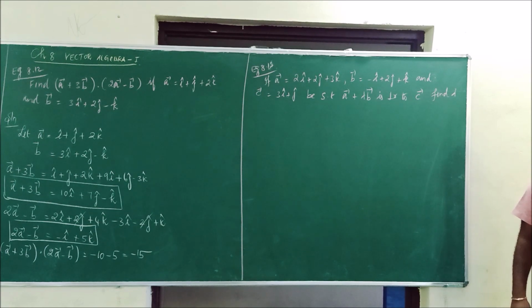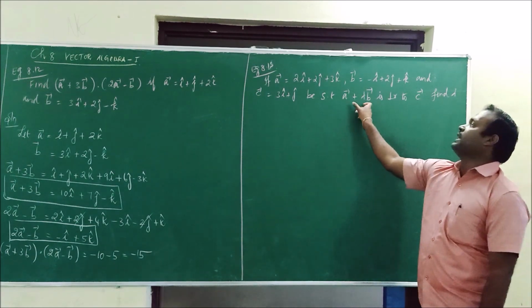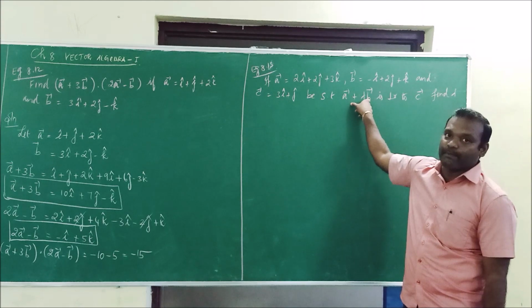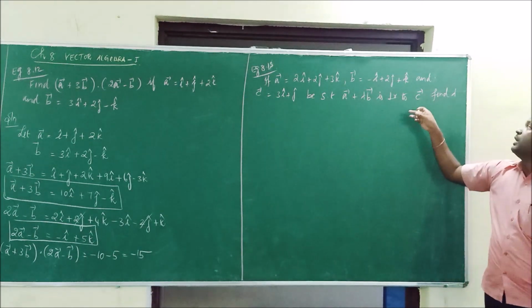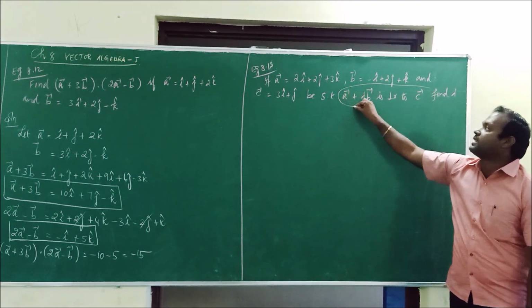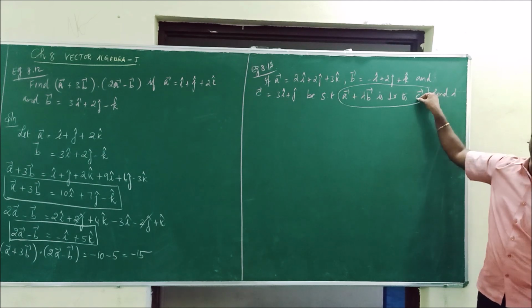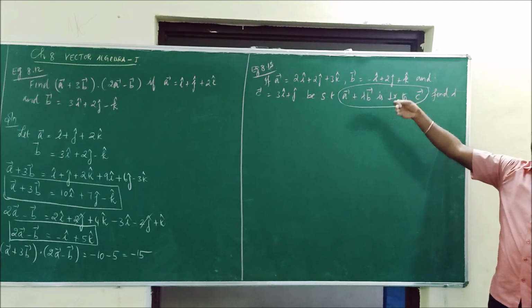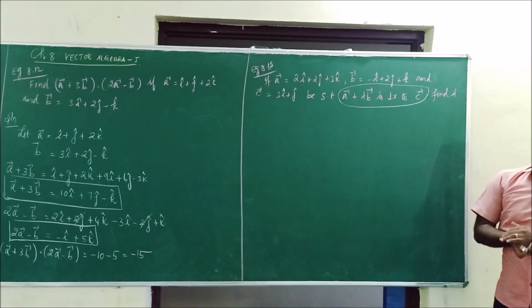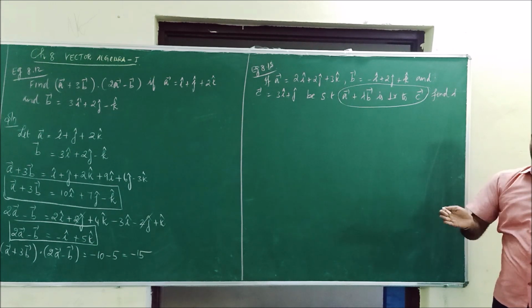So you have to find a vector plus lambda b vector, and you have to make use of the condition that a plus lambda b is perpendicular to c. Given the property that if two vectors are perpendicular, then their dot product is going to be 0, from which you can find the answer.